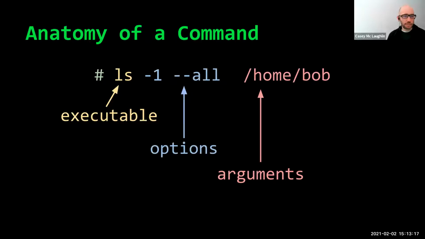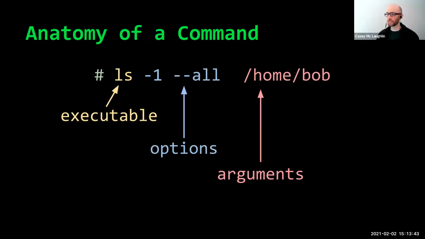The other point to make about options is they almost always start with a dash. And I say almost because in a messy environment like Linux, there are instances where the rules get broken every now and then, but 99% of the time, it's an option if it starts with a dash. So that's an easy way to differentiate options and arguments.